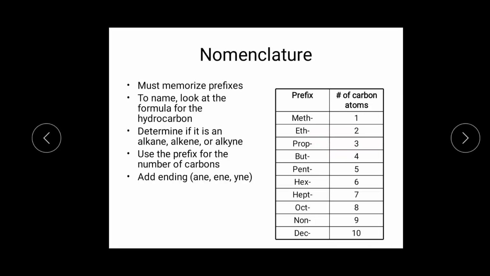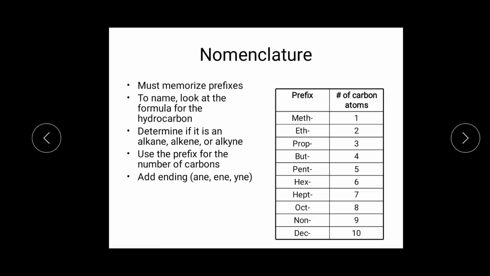Prop is 3. But is 4. Pent is 5. So remember the shape of a pentagon? It has 5 sides. So penta, or pentagon. Hex is 6. Hept is 7. Oct is 8. Non is 9. And dec is 10.